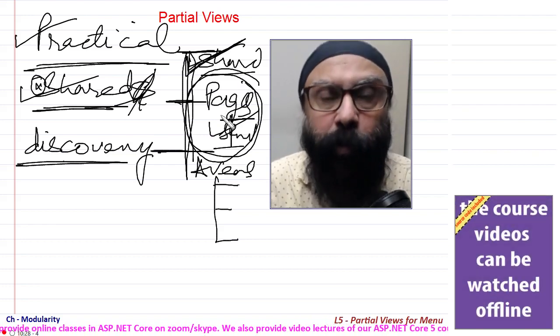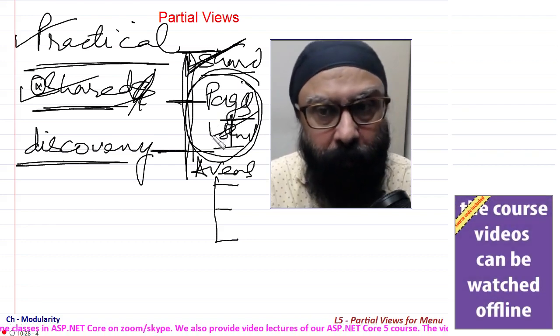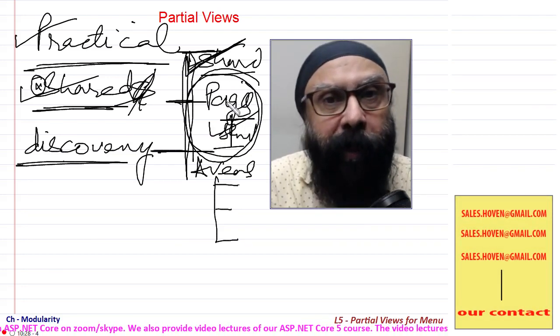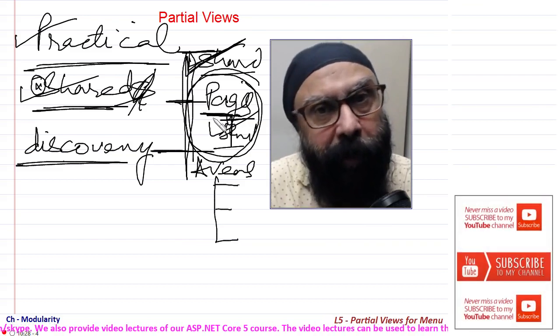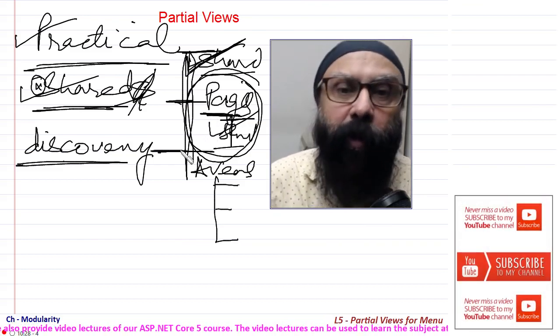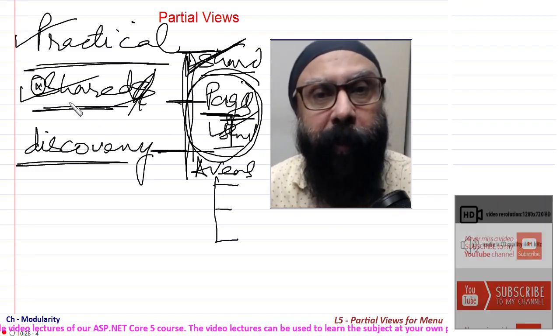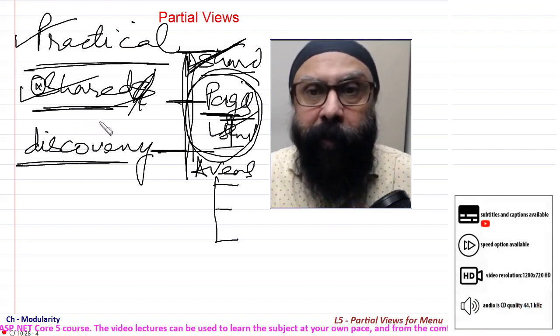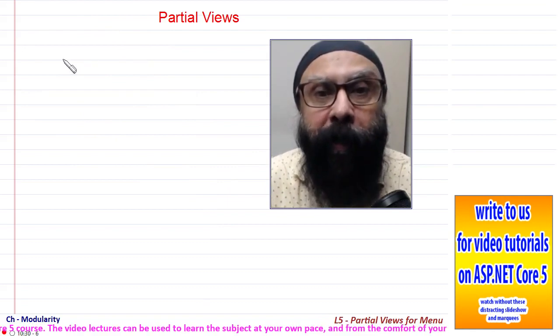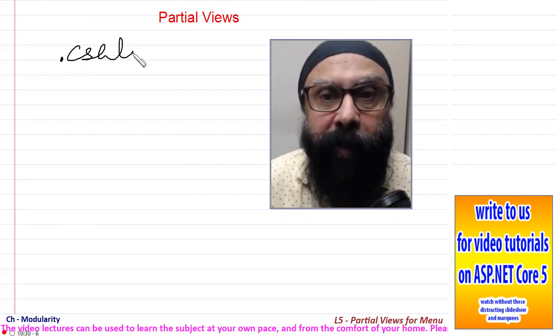Place it as close to the highest point of use. So if the pages folder is the highest point of use, then place your partial view inside the pages shared folder. So first of all, it's important that it is placed inside a shared folder. This is one thing. Second thing is that partial views have a file extension CSHTML.